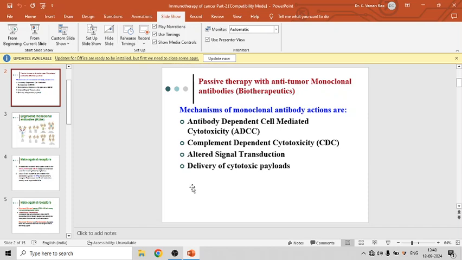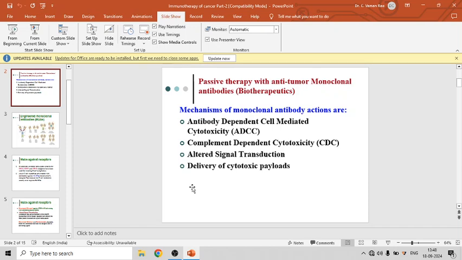Then the third type of monoclonal antibodies alter or inhibit the cell signals in the tumor cells and inhibit tumor cell growth, and those monoclonal antibodies are called altered signal transduction antibodies.